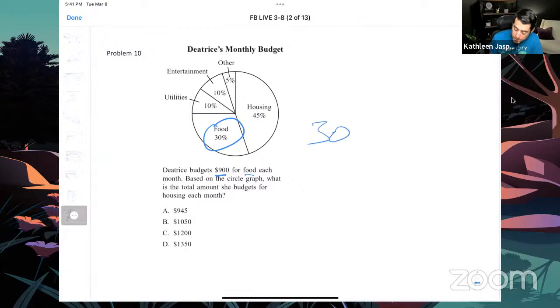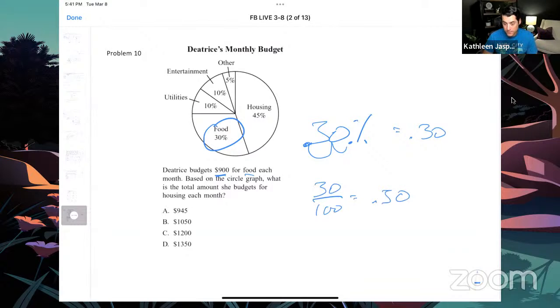So if I have 30%, let's do a real quickie, 30% as a decimal. Well, the decimal starts here, and then you go 1, 2, put a decimal, 0.30, or just take it in your calculator, because remember, percent means per 100. So you can do 30 over 100, and you're also going to get 0.30.